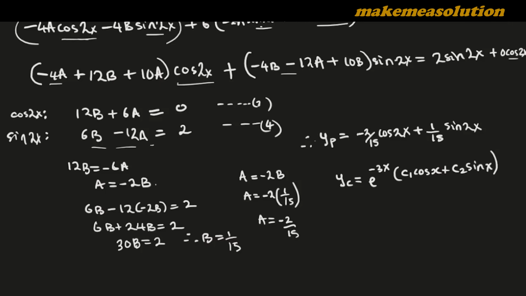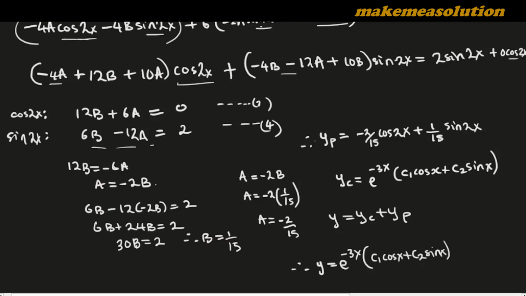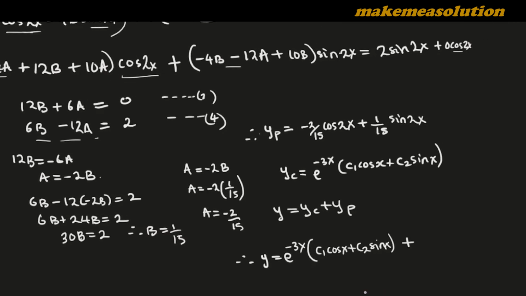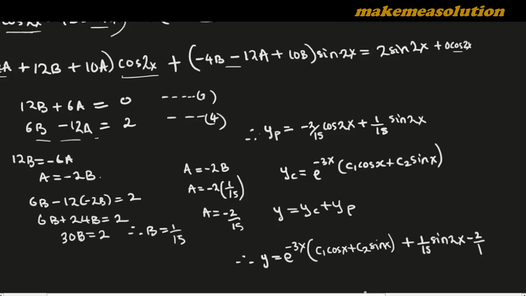So if you solve for y is equal to yc plus yp, you now get y is equal to yc being exponential negative 3x into c1 cos x plus c2 sine x, plus our yp, which starts with this one since it's positive, 1 over 15 sine 2x and minus 2 over 15 cos 2x.